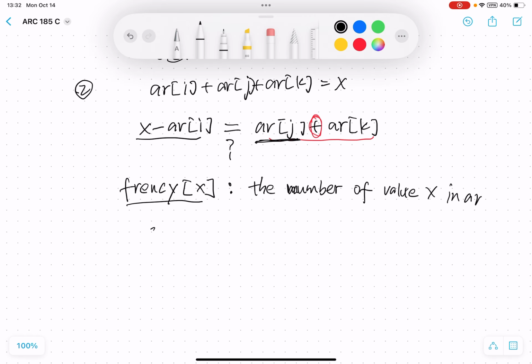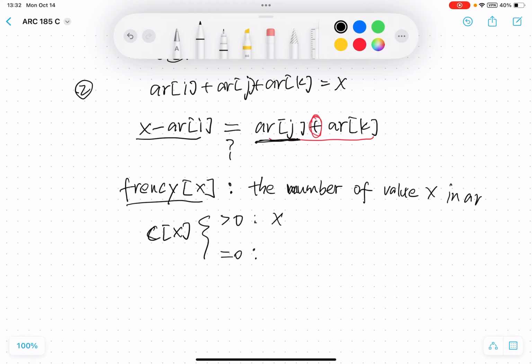If C_x is larger than 0, that means x is available to be the sum of two elements in the array. If it is 0, that means x is not available to be the sum of two elements in the array.